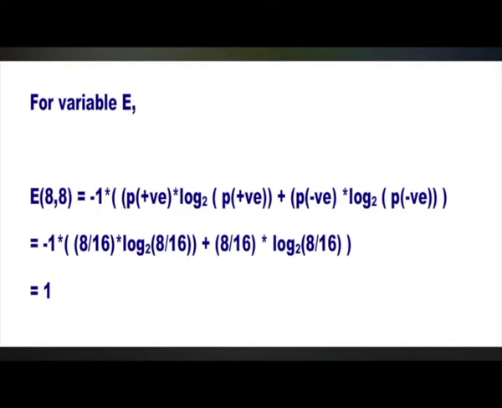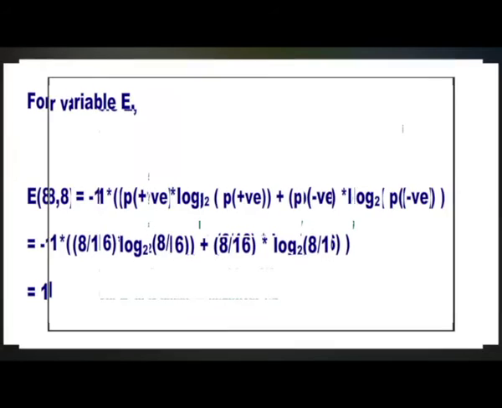So, entropy of (8, 8) is equal to minus 8 by 16 into log of 8 by 16 to the base 2 minus 8 by 16 into log of 8 by 16 to the base 2, which is equal to 1.